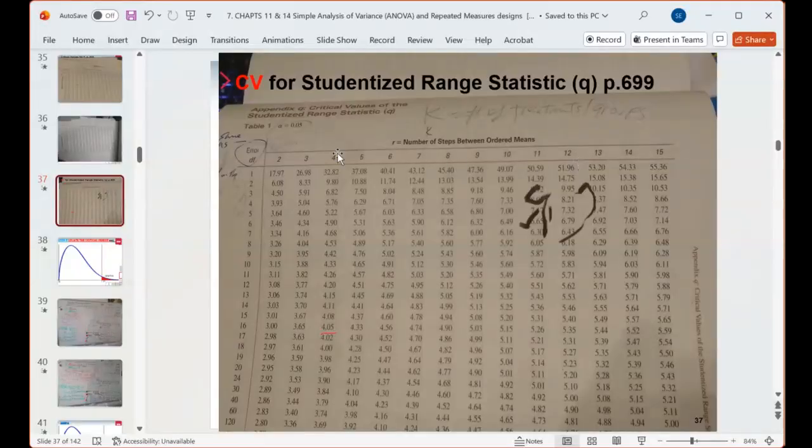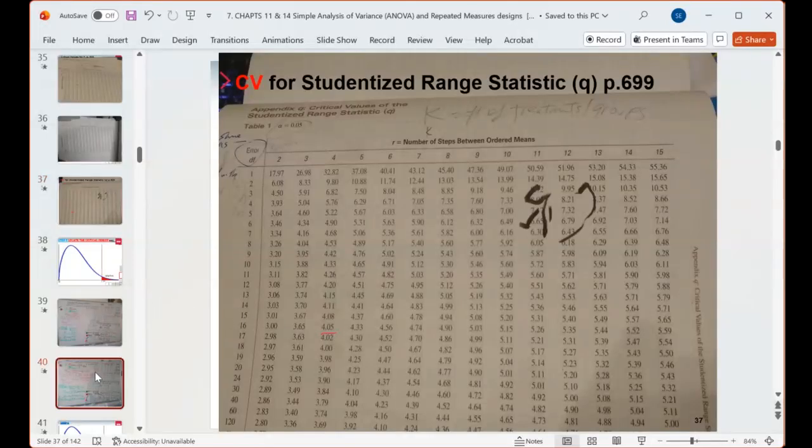Now we have 4 treatments. So number 4, go down all the way to 16. And now you see the red line across from 16, which is our DF error term, or DF within. And the number is 4.05.